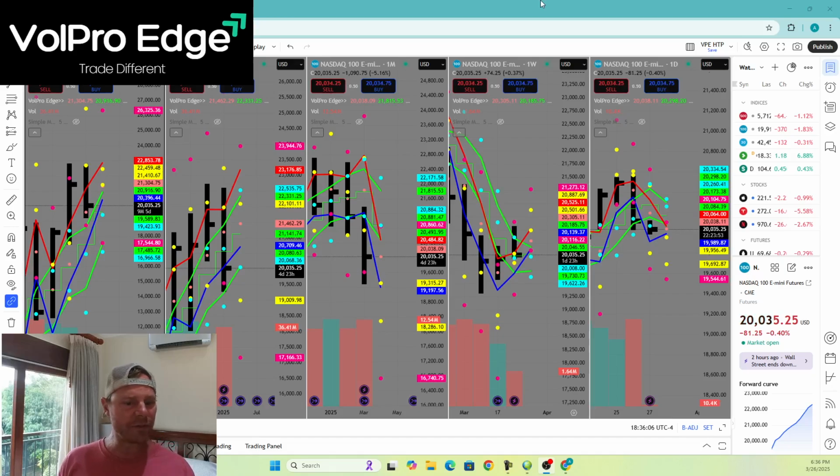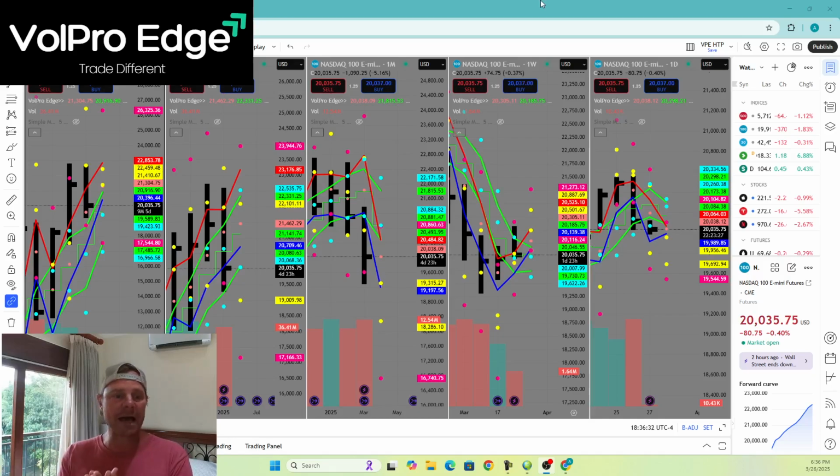I've done some pretty thorough testing in terms of matching up Sierra Charts to TradingView. And again, they're not going to be perfect because they have different volume information on all these charts. They calculate different aspects of the volume in different ways, and it is what it is. One day, guys, as Vol Pro Edge grows over the next few months, we will probably just have our own server, our own data.